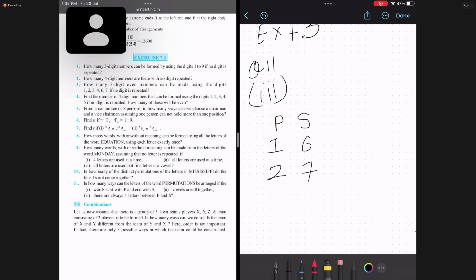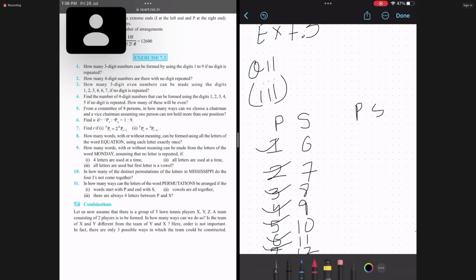Because it has been already given to us in the question that there are always and always 4 other letters between P and S. So if you go on to enumerate this, 5, 6, this will be then 8, 9, 10, 11, and 12. So there are 1, 2, 3, 4, 5, 6, and 7 distinct ways you can fill in P and S to occupy positions such that they have always 4 letters between them.